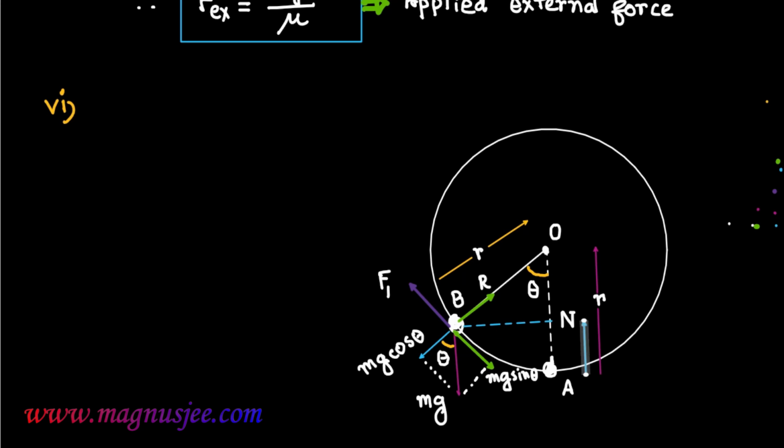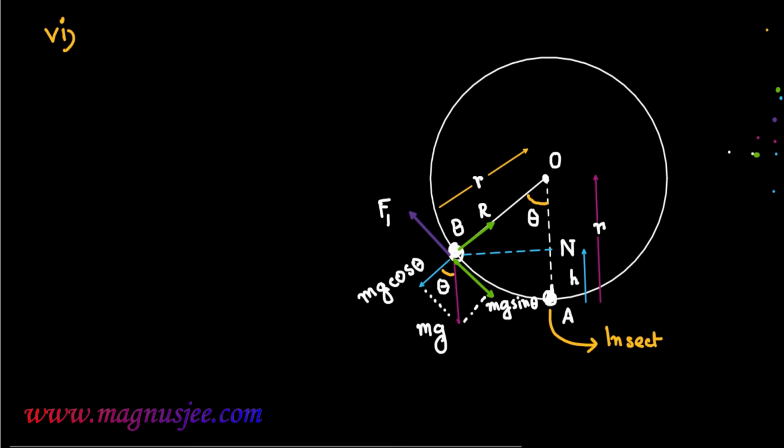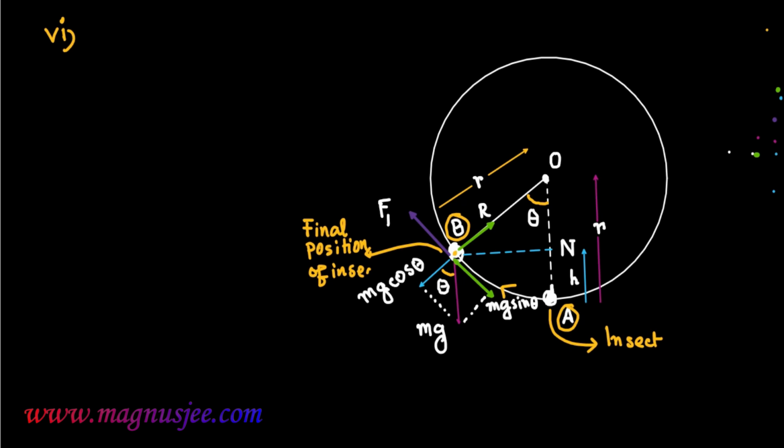When the insect moves from A to B, the height attained by the insect will be small h. Initially, the insect was at the point A, and it travels from A to B along this spherical surface, and B is the final position of the insect.